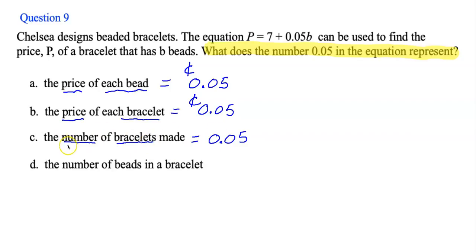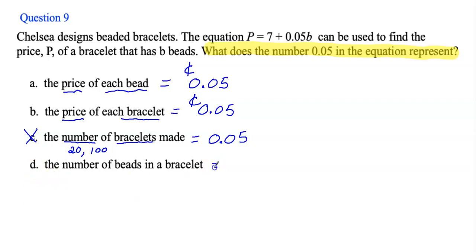That doesn't make sense to me. When you're counting the number of bracelets made, you would count in whole numbers. You might say I made 20 bracelets, or I made 100 bracelets. But you wouldn't say I made 0.05 bracelets. Get rid of C.